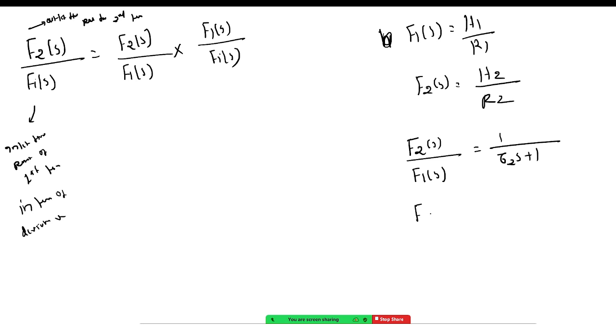And what is your F1s divided by FIS? That is 1 upon tau 1s plus 1. Is it clear?